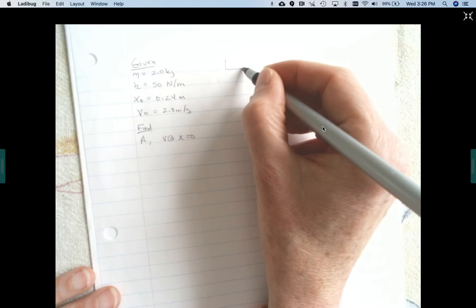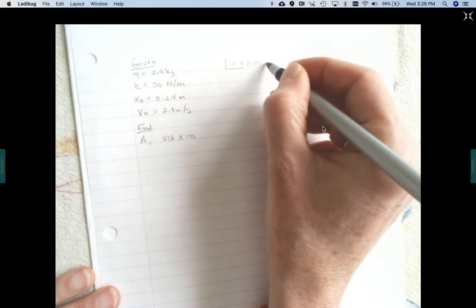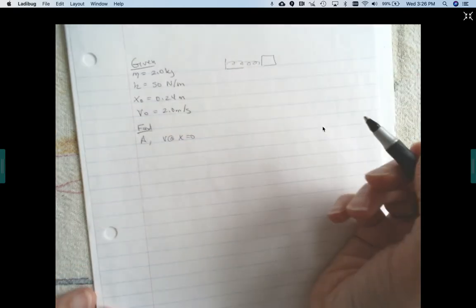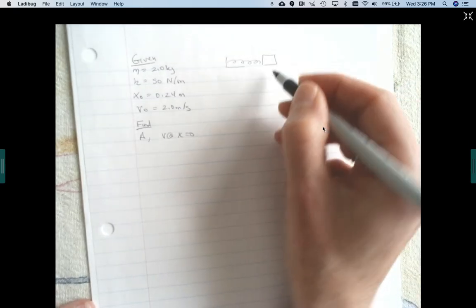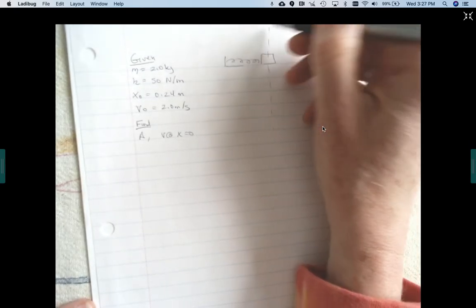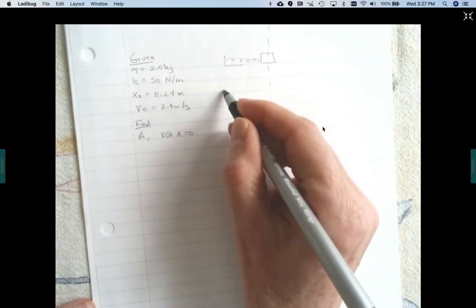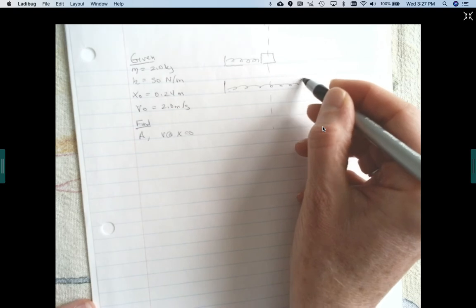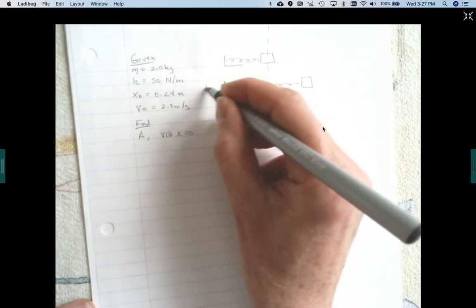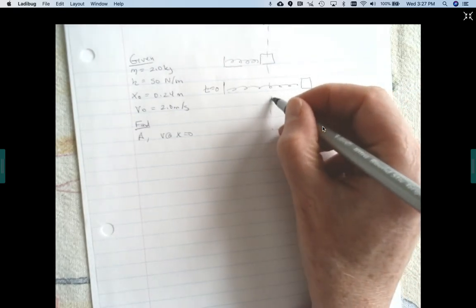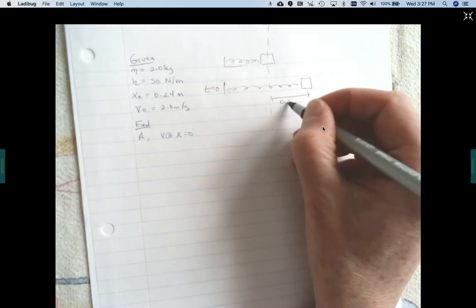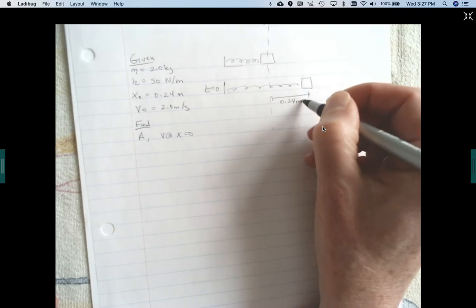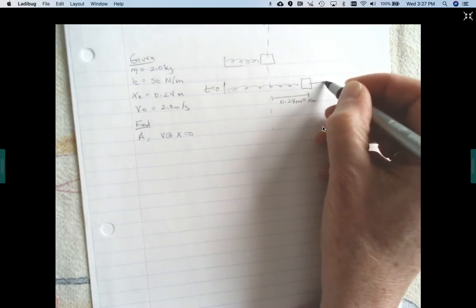So we have a concept in our head of a mass on a spring, and this is our equilibrium position. Initially it's pulled out a little bit further. This is t equals 0, and it's given some initial displacement that was 0.24 meters. You notice that that's our x0. And it's given a velocity in this direction.